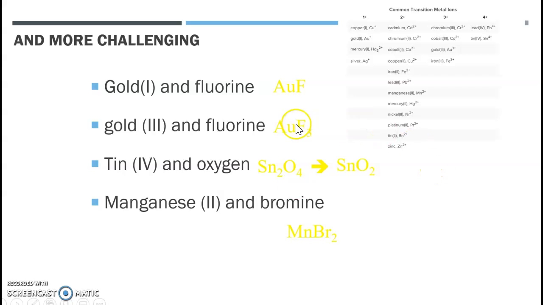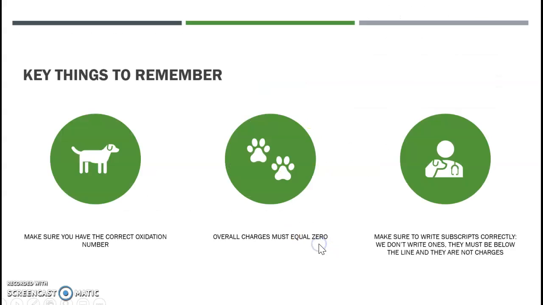And so we could do crisscross, but you have to be careful. If your numbers are factors, if one of them is a factor of the other, you have to reduce. This is when it's probably best just to do it by math. Okay, manganese 2 and bromine, +2, -1, crisscross, MnBr2.